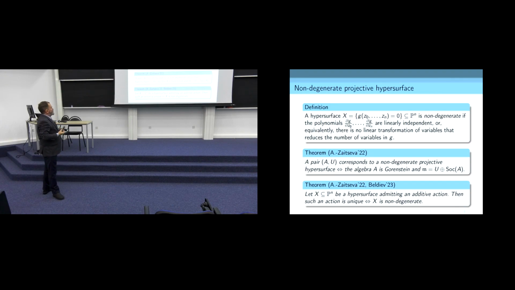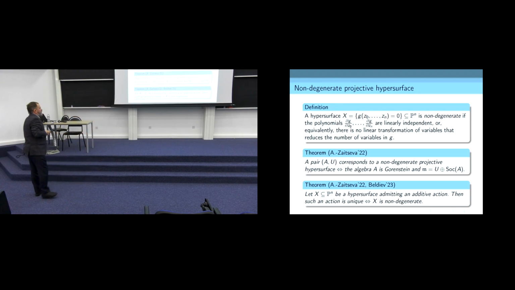So, two observations. The first one is that non-degenerate hypersurfaces correspond to some local algebra, and you may ask what is the condition that the hypersurface is non-degenerate. And this is precisely the condition that this algebra is Gorenstein. And this subspace, which appears in this classification, is exactly the complementary subspace to this one-dimensional socle.